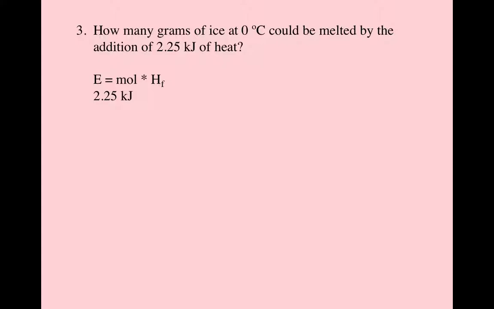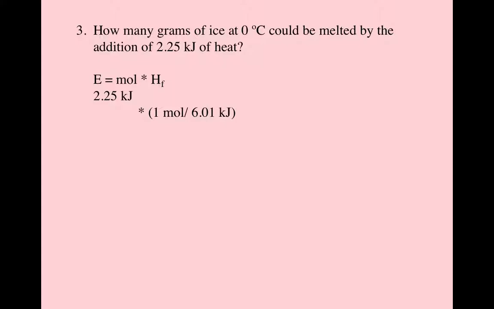But this time, we don't have grams, but we're given energy. So we're going to start with what we've been given there, the 2.25 kilojoules of heat. And in order to do this problem, we need to divide by the number of kilojoules in 1 mole of this substance here. And so when we look up the HF value, we get 6.01 kilojoules.